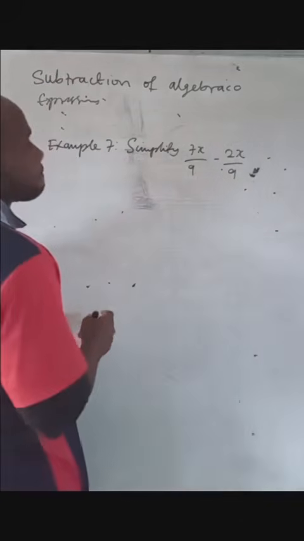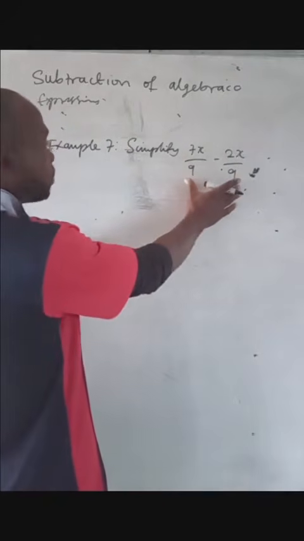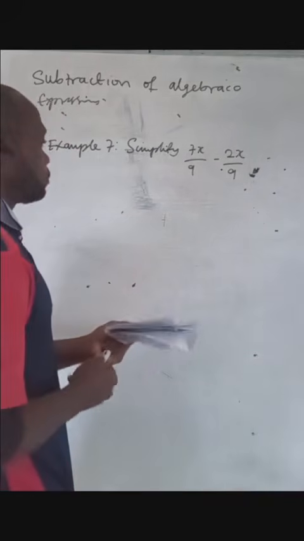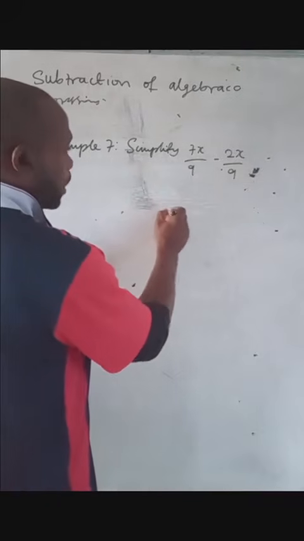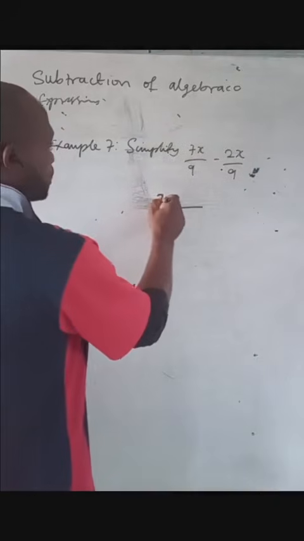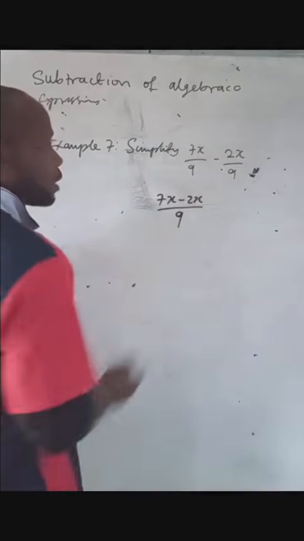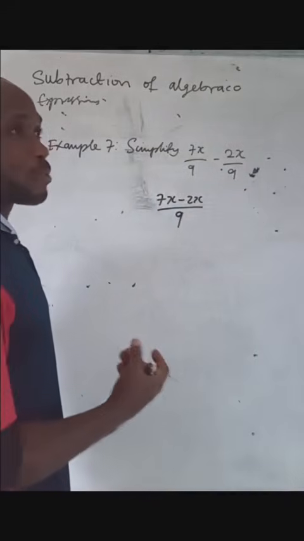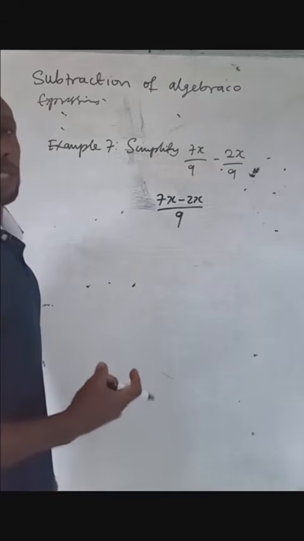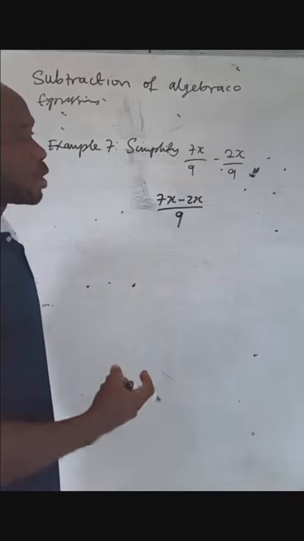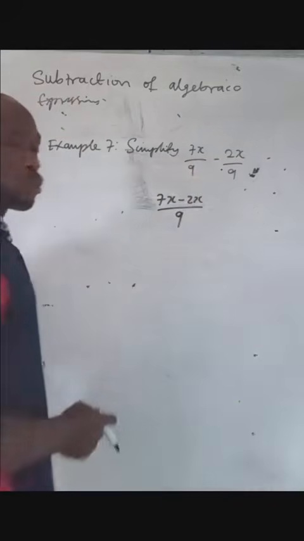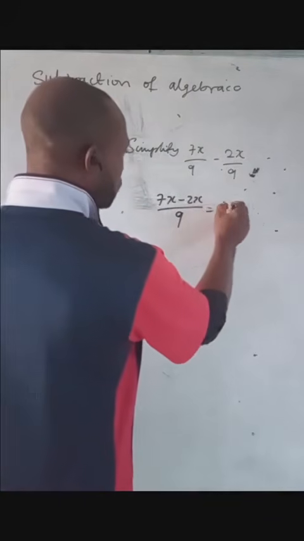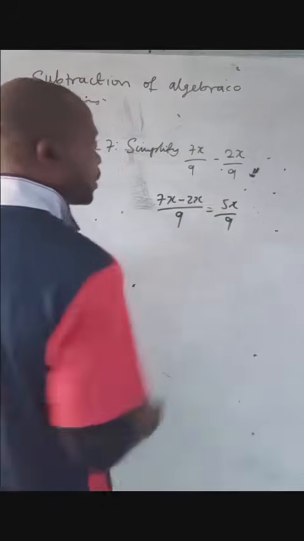Since we have a common denominator, the expression becomes 7x minus 2x all over 9. If the denominators are the same, you subtract the numerators. Therefore, 7x minus 2x is equal to 5x all over 9.